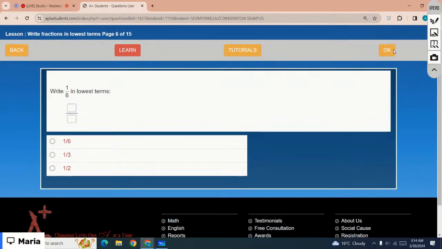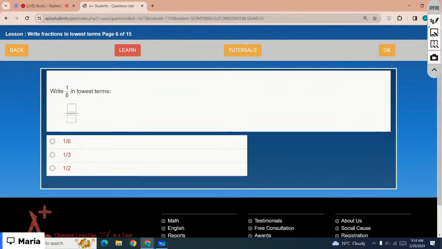Okay, the next one is write 1 by 6 in the lowest term. So which is the correct option? Yes, that is option 3.